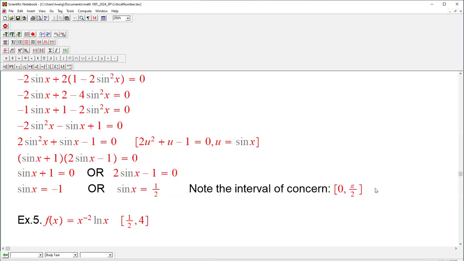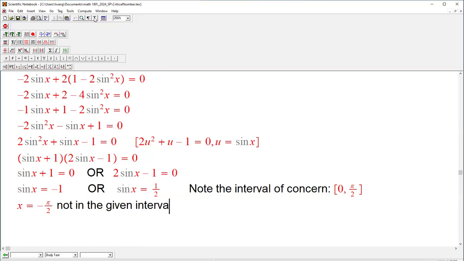On this interval, obviously, this x is going to be negative pi over 2, but that's not in the given interval. How about the other one?